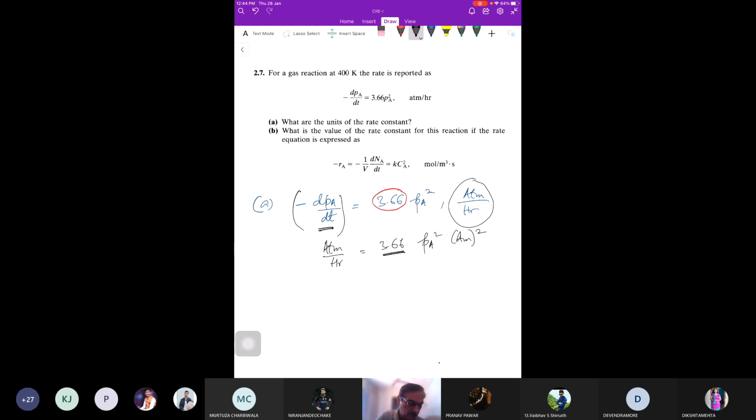So if I bring this here, what I'll get is the units of 3.66. Right? Is this visible? Yes sir. Understood? It's simple, nothing more, because this unit is actually for this term.